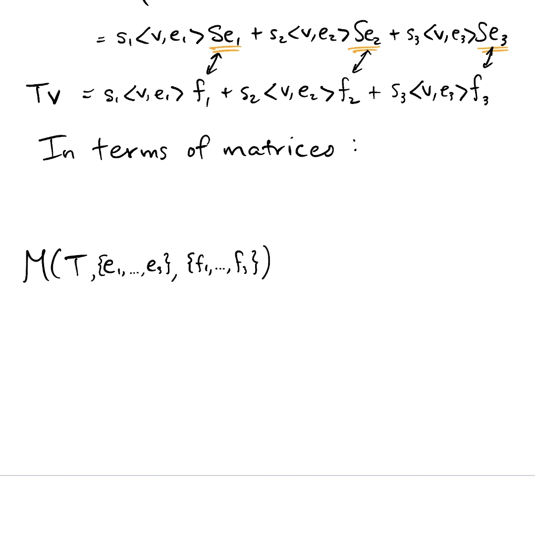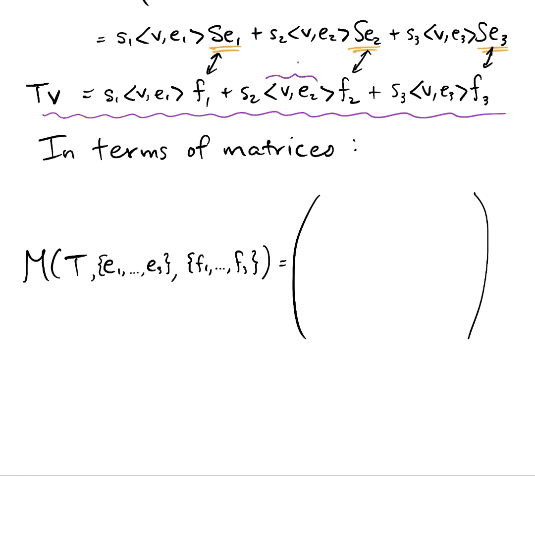You could form a matrix by asking, all right, let's see where E1 goes, but let's express it in terms of the Fs. Let's see where E2 goes. Let's express it in terms of the Fs. Let's see where E3 goes. Let's express it in terms of the Fs. And if you do that, look at this line here. If V happened to be E1, then that's 0, and that's 0, and that's 1.